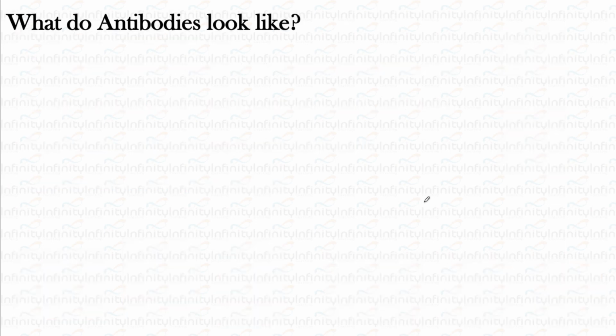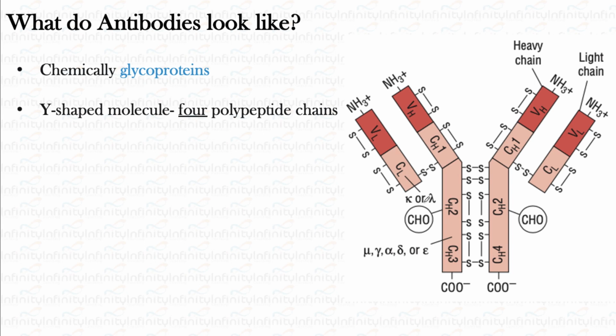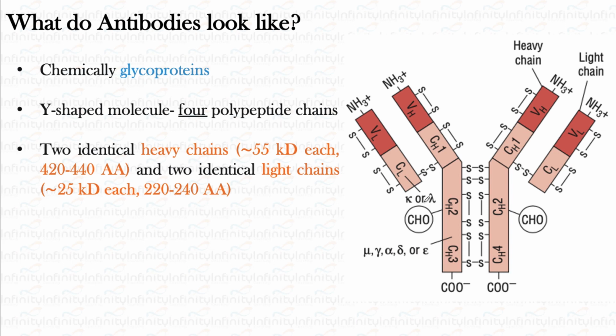Now that we know what an antibody is and how it works, it's time to see what an antibody looks like. So chemically speaking, antibodies are glycoproteins. That means they are proteins with a small amount of carbohydrates attached to them. If we take a look at the shape of the antibodies, we'll find that it looks like the English letter Y. It is made up of 4 polypeptide chains. 2 identical longer chains are called heavy chains, while 2 identical smaller chains are known as light chains.